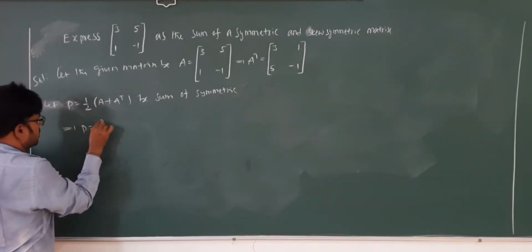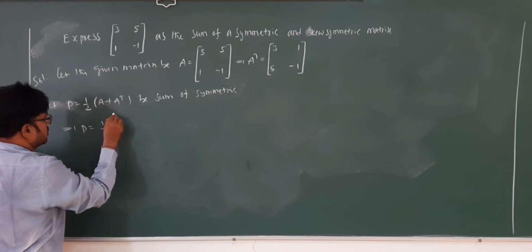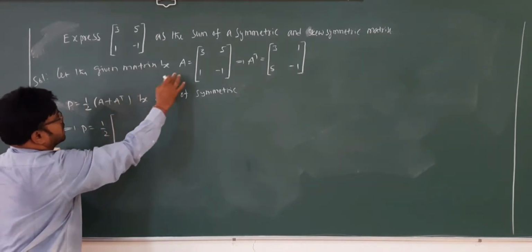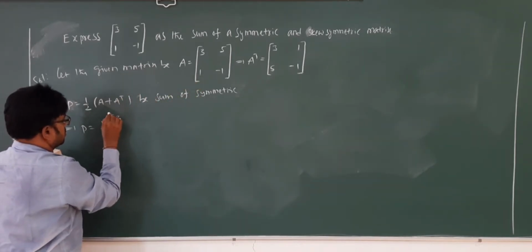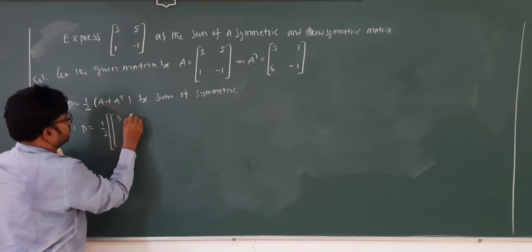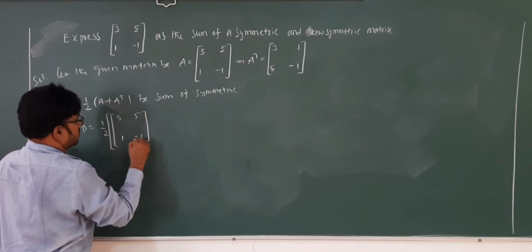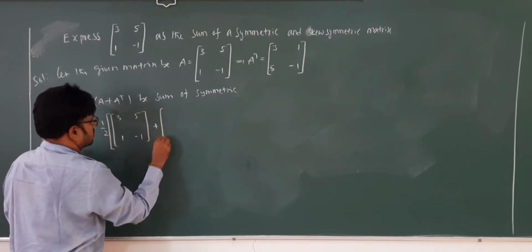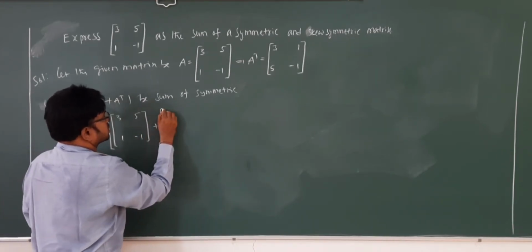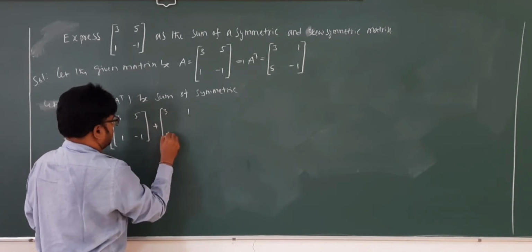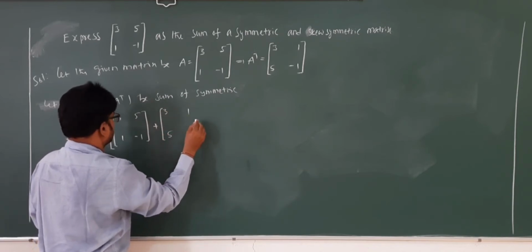That implies P equal to 1/2 into the two matrices A and A transpose: [3 5; 1 -1] plus [3 1; 5 -1].